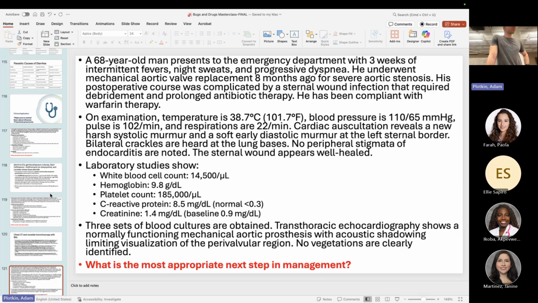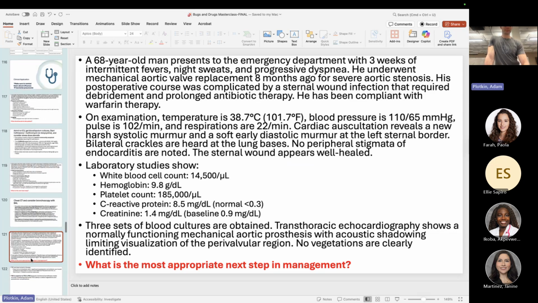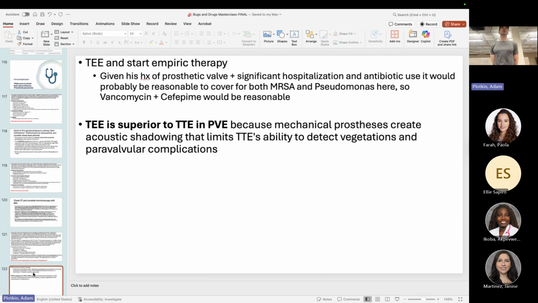Missed the obvious answer. 9 times out of 10, it's right. He doesn't have an MI. All right, just to make sure, we can touch on some other stuff. What do we need to do here for this patient?